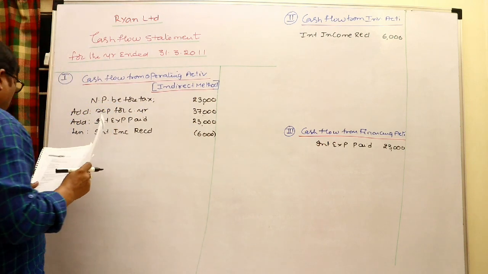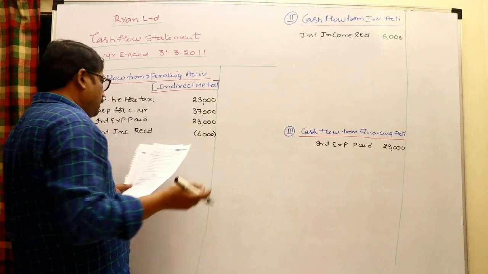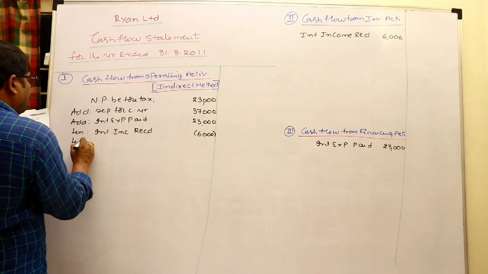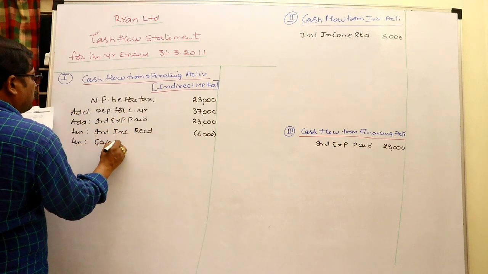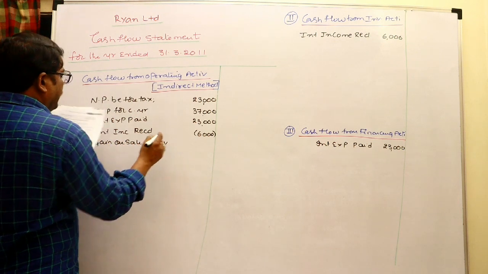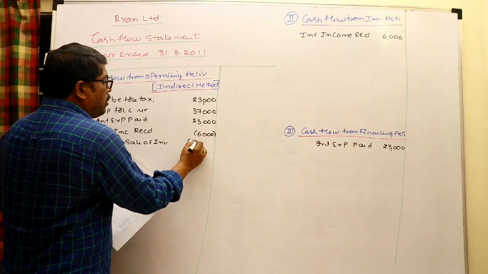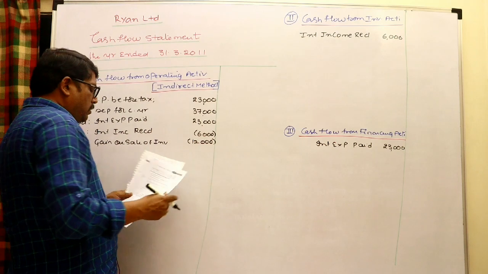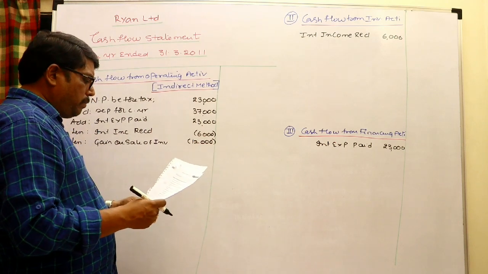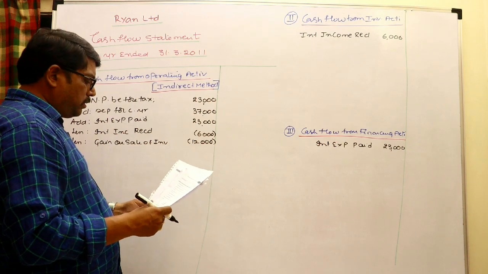Next, also gain on sale of investments to be withdrawn, gain increased profit, so less gain on sale of investments to be withdrawn, 12,000. Need not write anywhere, automatically it is incorporated by the amount received on sale of assets or investments.